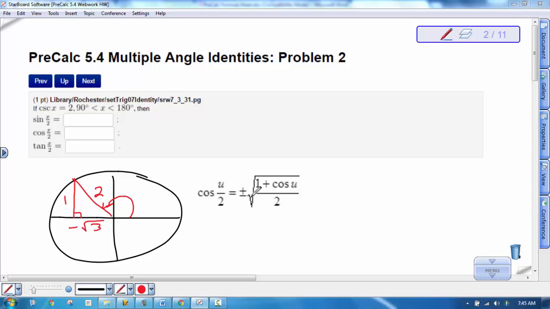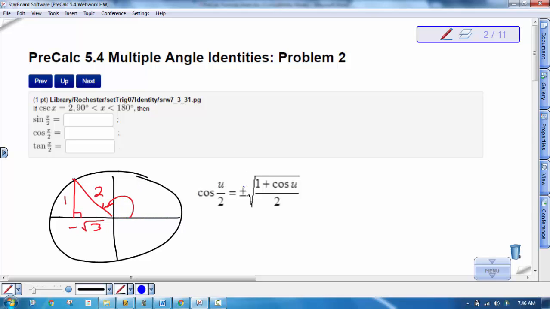And we're just going to repeat that same process now with the cosine formula on the formula sheet. We know the cosine is going to be negative. Actually, I think it's going to be positive because we're looking at half of the angle, and half of the angle that we're looking for is actually going to be half of the angle that they gave us. So that's going to actually give us a cosine that's positive.